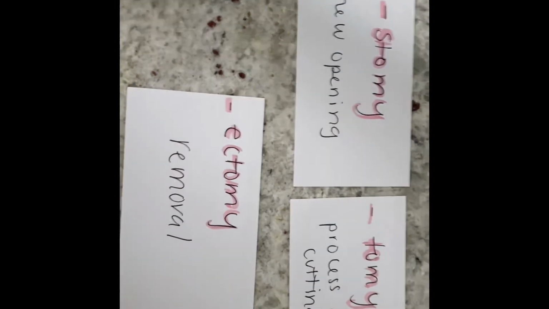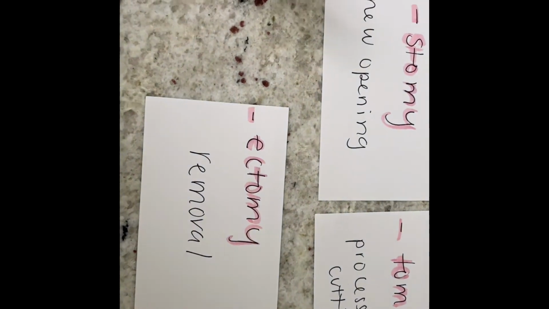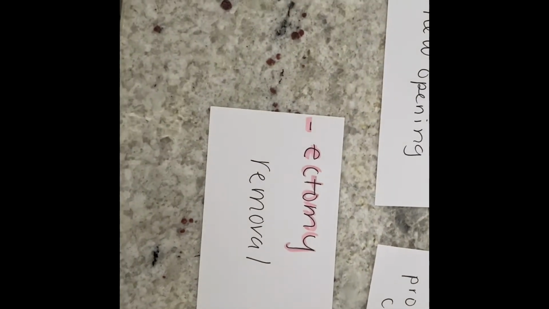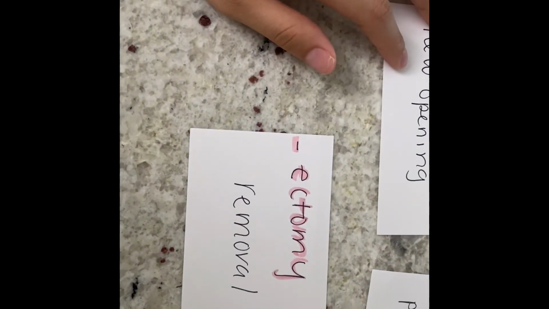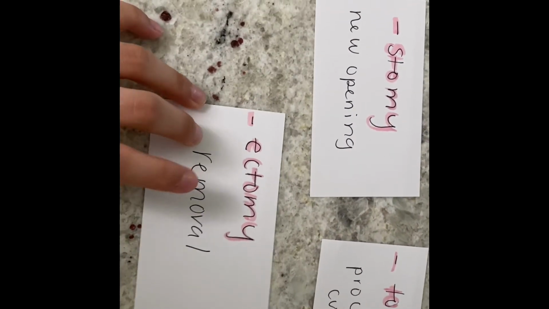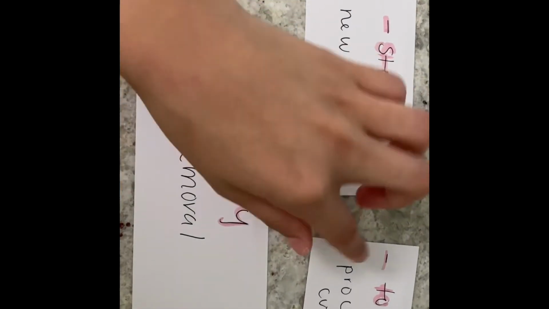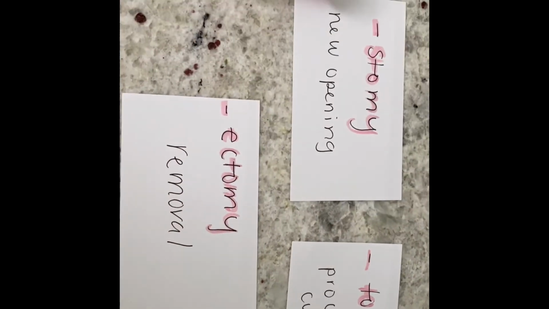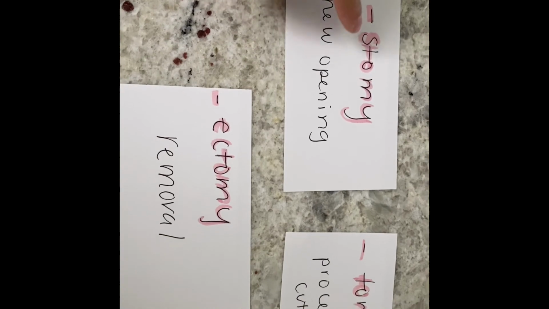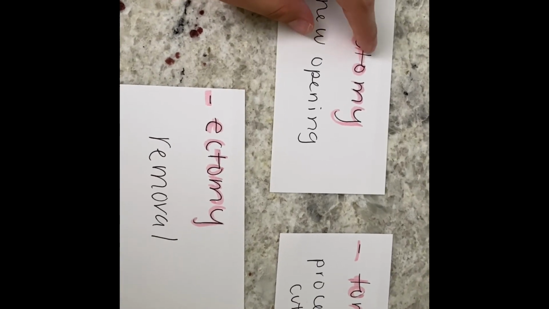Another pair that is very similar but has different meanings are -stomy, -tomy, and -ostomy. Stomy would be a new opening rather than the removal, and -tomy is the process of cutting. As you can see, they're very different and have different spellings, especially the beginning of the suffix.